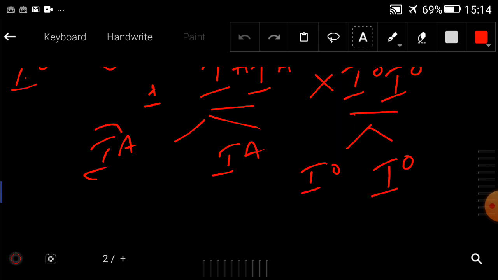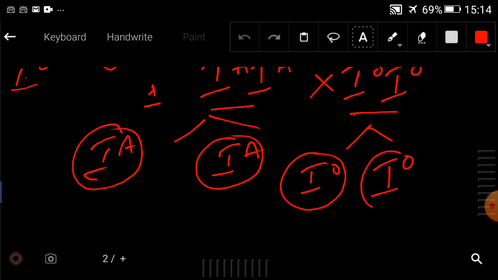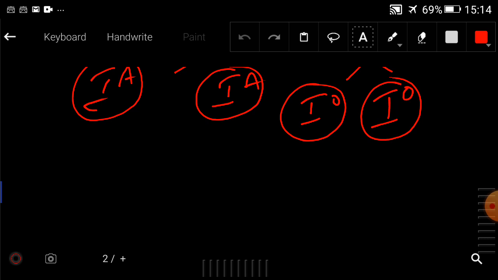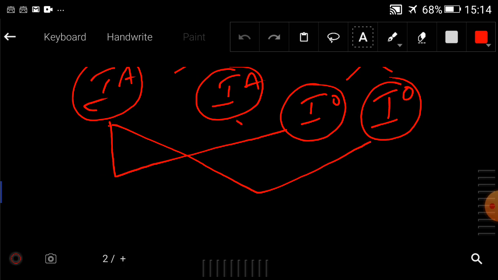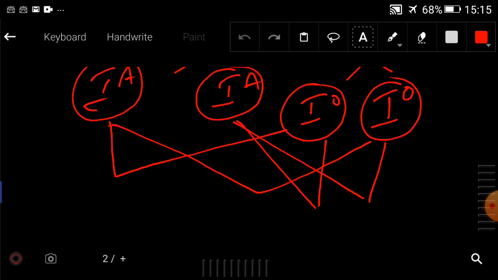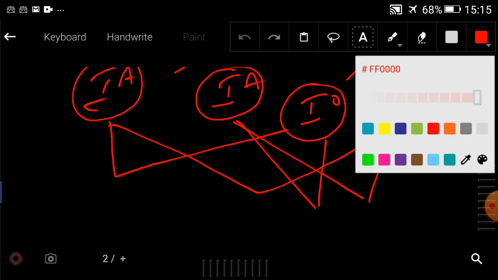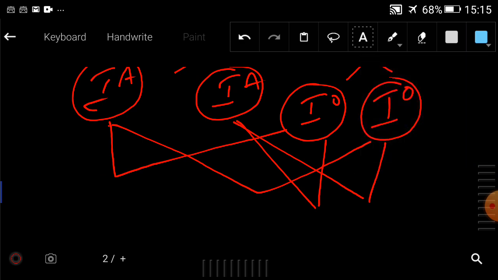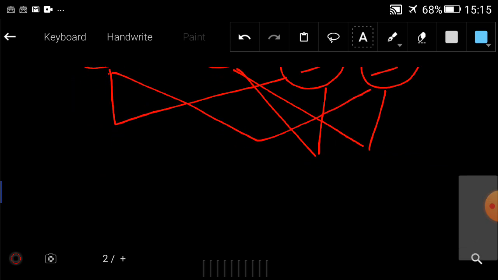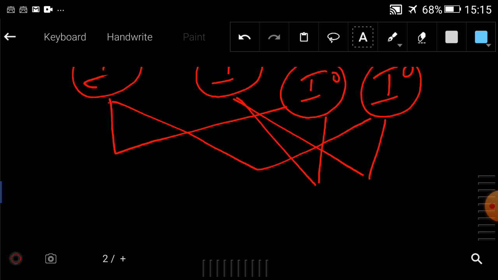So these are the gametes, and remember, we need to represent gametes in circles. Now the possible chances of gamete fusion: this gamete with this, or this gamete with this, or this gamete with this, or this gamete with this, right? So those are the possible chances.